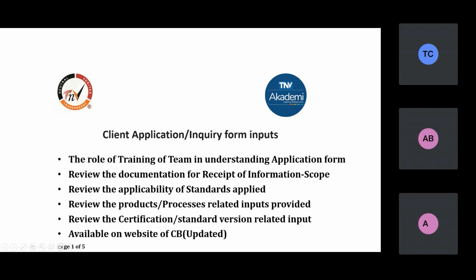These application forms and inquiry forms are mostly available on our website. Most certification bodies have the application form on the website so that the client can directly download it and apply for certification.